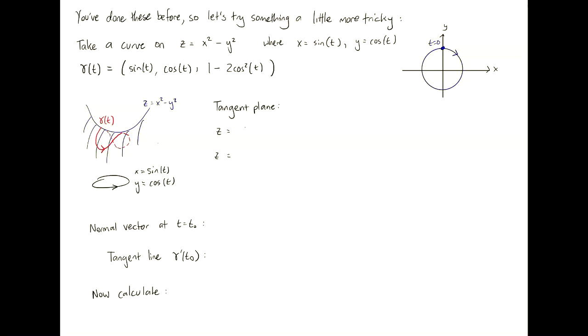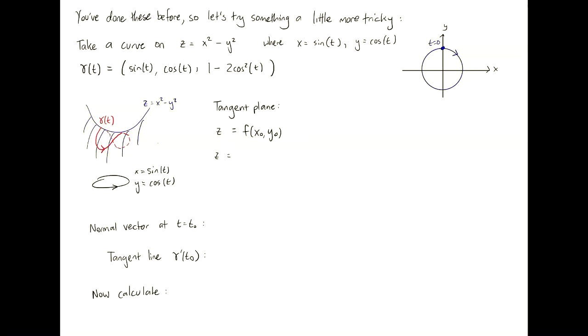So z of t naught for the tangent plane is f at x naught, y naught, but we won't include this just to save space.